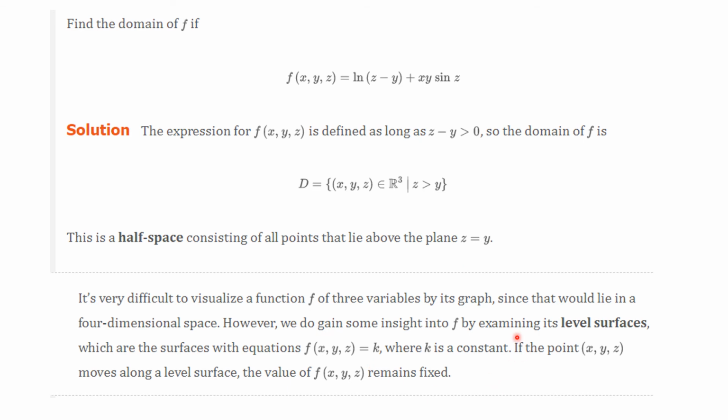Now it's difficult to imagine it, but we can gain insight into it by examining its level surfaces. So even if it's in 4 dimensions, we can have 3-dimensional level surfaces. And so if the point x, y, and z moves along a level surface, the value of f of x, y, z remains fixed. And so we can understand its behavior by looking at the level surfaces.